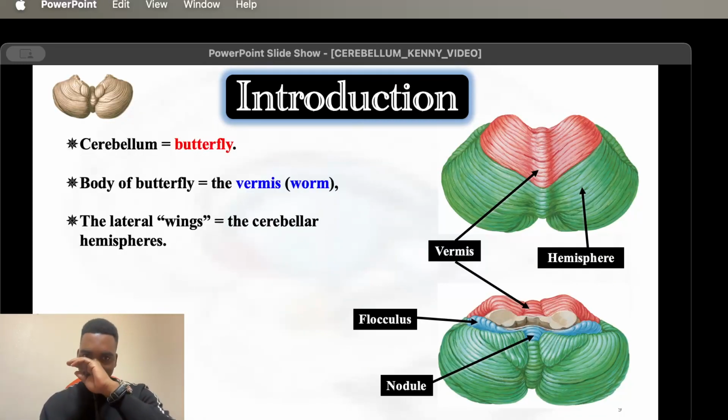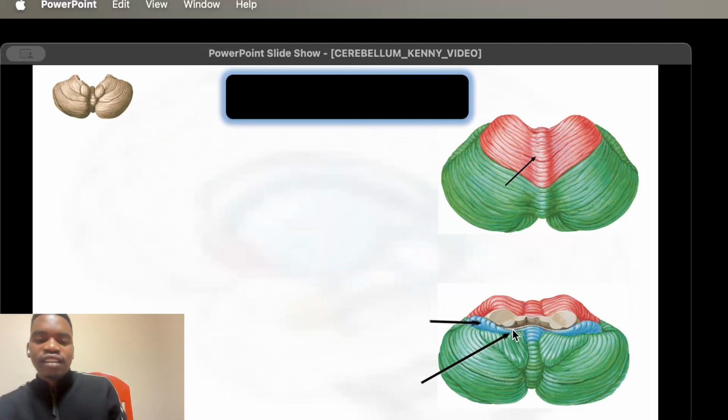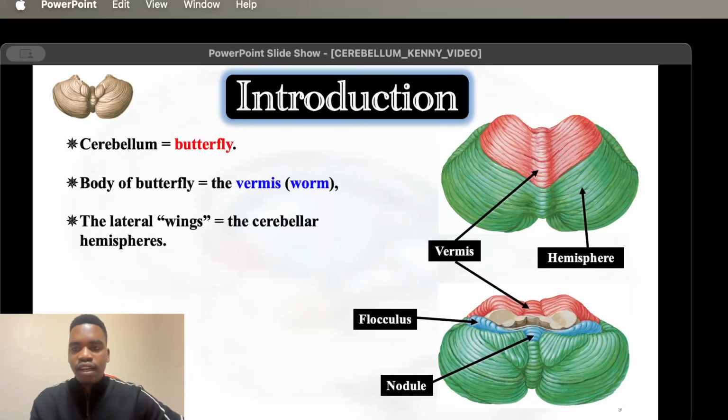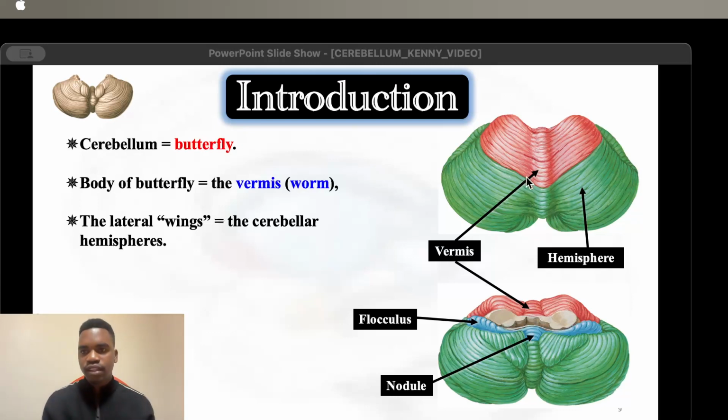So let's dive now into the neuroanatomy of the cerebellum. If you see it from the superior view, the cerebellum is butterfly shaped, and like a butterfly, it has a body and wings.